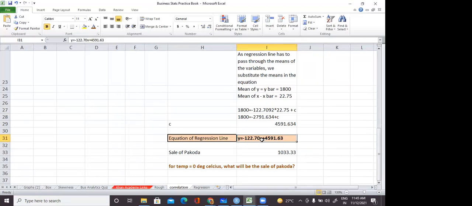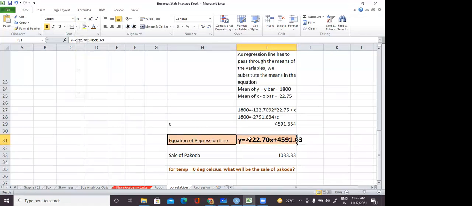Now you can just put in any value of x. You want to find out what will be the sale if temperature is 10 degrees Celsius. In this equation, you put x equal to 10. You want to find out what will be the sale of pakoda when temperature is 20 degrees Celsius. You put this x.